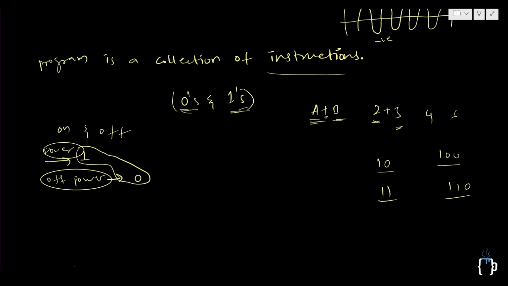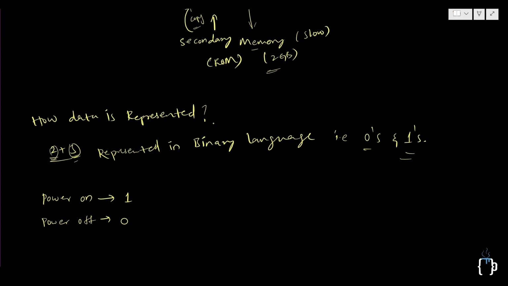Now, using this power on and power off, we can also make it understand numbers. When you supply power to the circuit, it is treated as 1, and when you don't supply power to the circuit, it is treated as 0. We use a series of ones and zeros to tell it something.